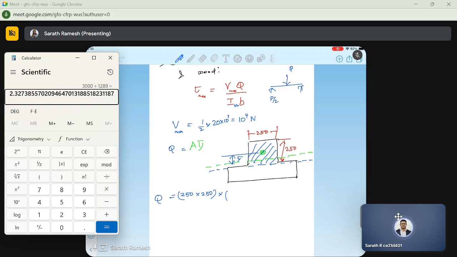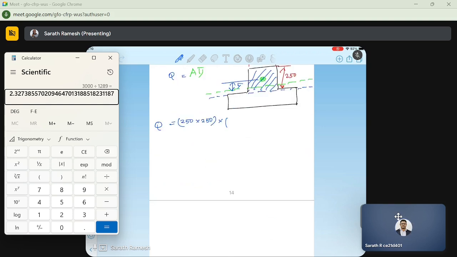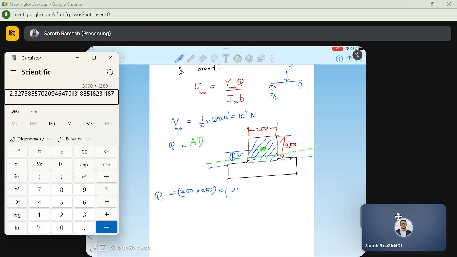Y bar will be 250 by 2 plus 50, minus y naught. Y naught is 75, correct?